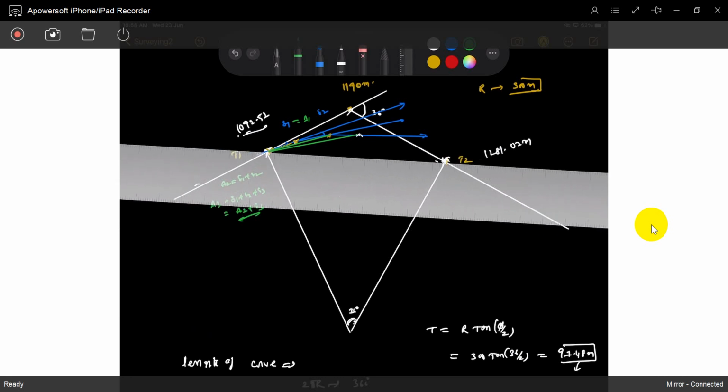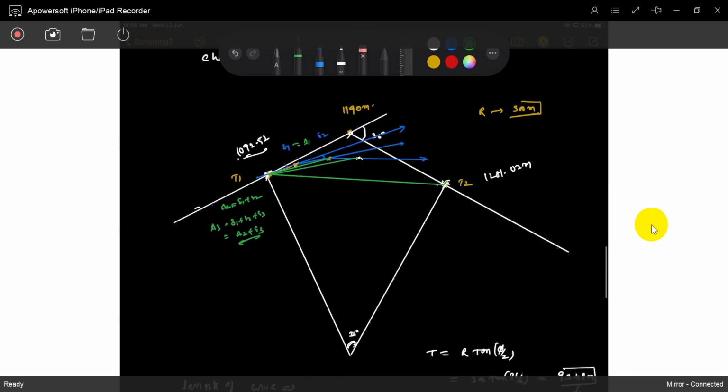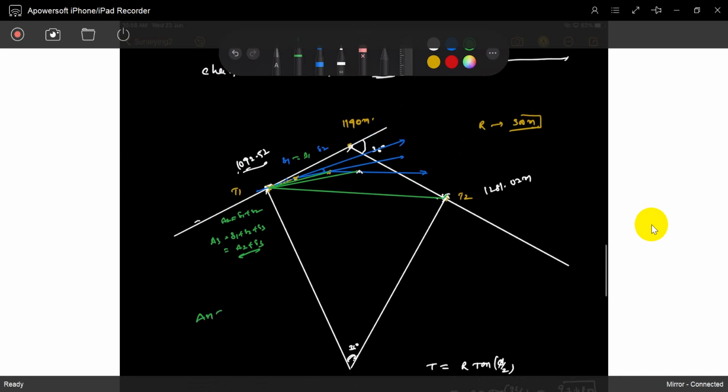What is delta n? Delta n is the last one, reaching up to the end point. It equals delta n minus 1 plus delta n, the total angle of deviation.